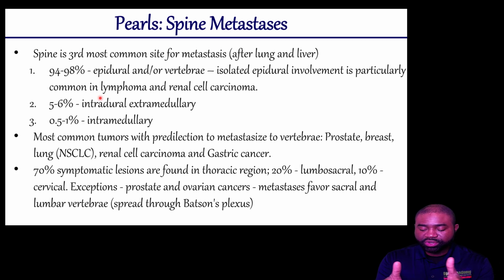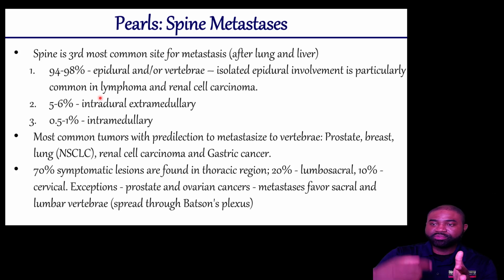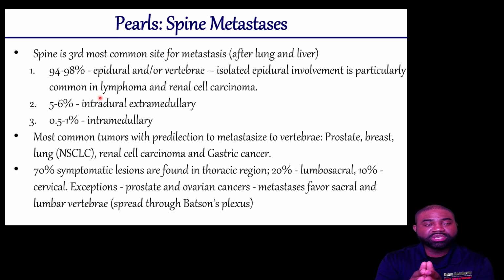And this reservoir of blood supplied through the vertebrae, which itself has a high concentration of growth factors in the bone marrow, really acts like fertile ground that favors spine metastasis.